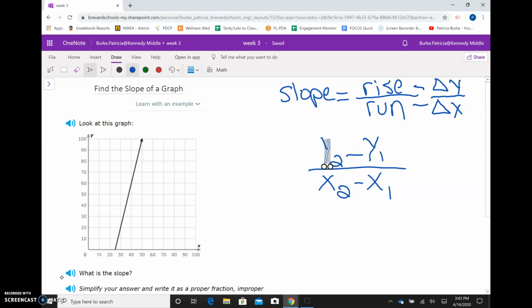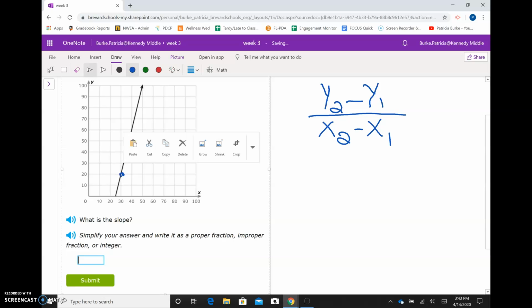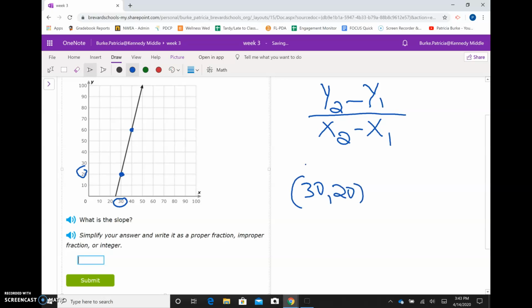All right, your points again. Let's see, we had point 1 here, and point 2 is here. We said point 1 was 30, 20. That is your x1 and your y1.